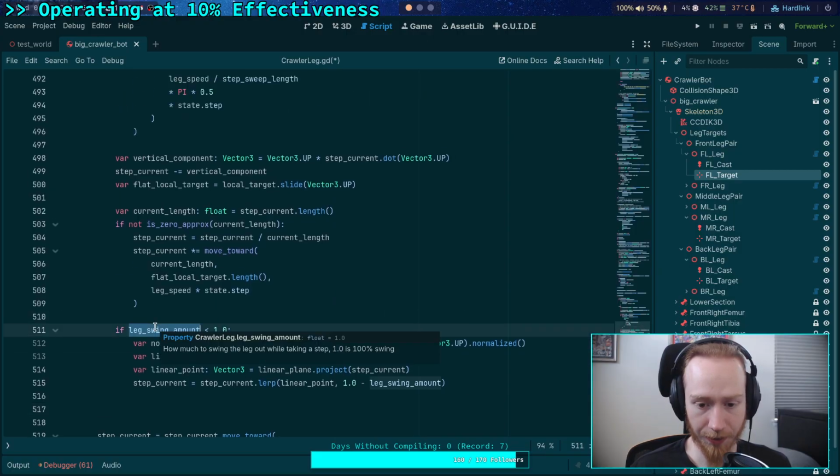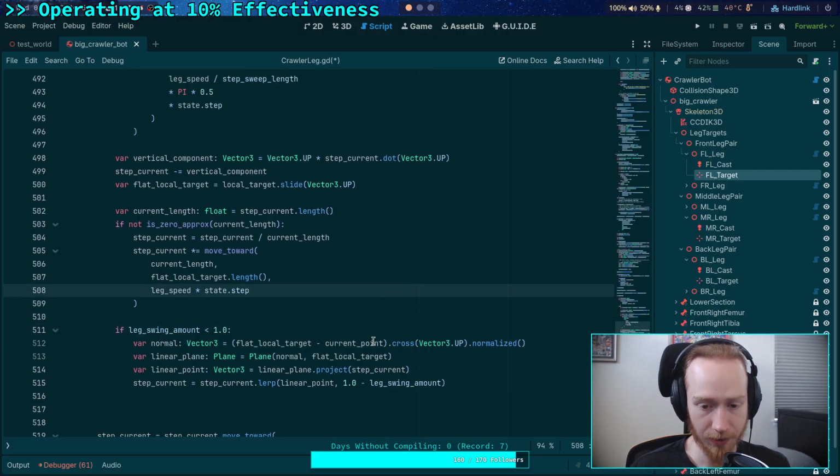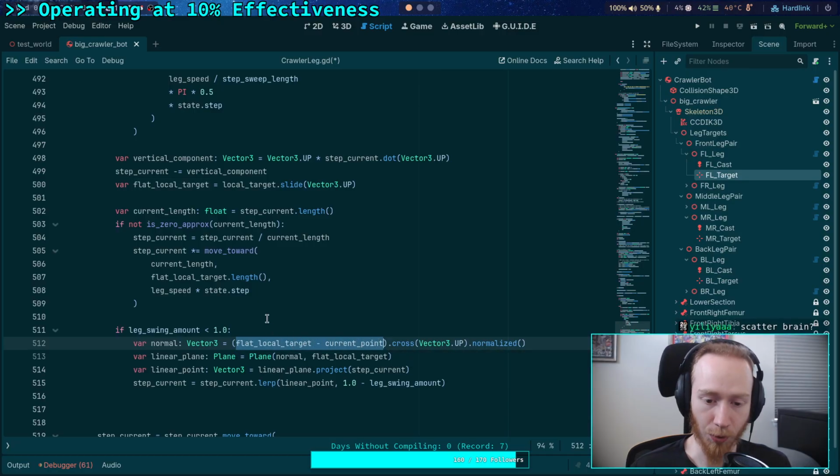If the leg swing amount, can any of this... These could be on the same point, which means this would be a 0 vector. Crossing with that, I think, gets you also 0. Return 0 if it's that.